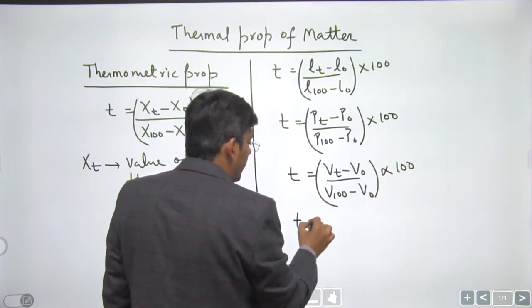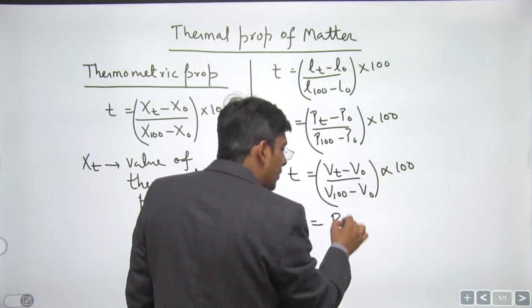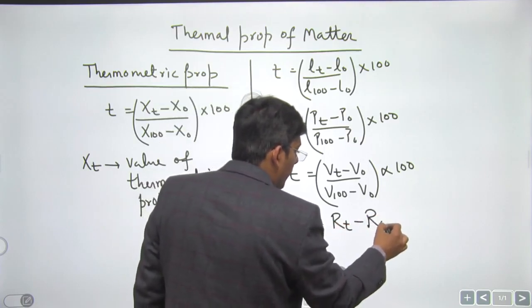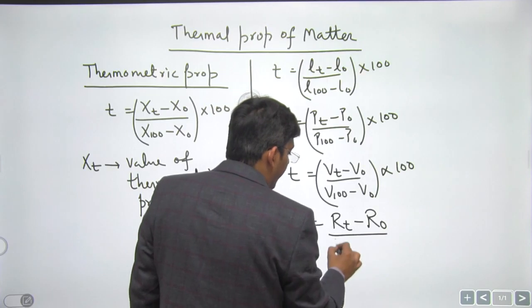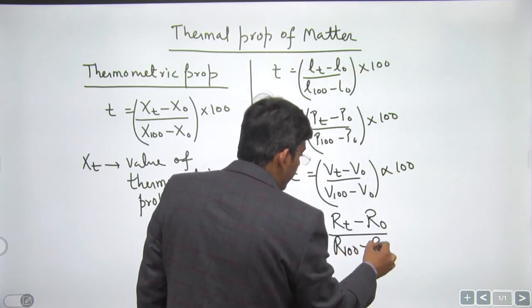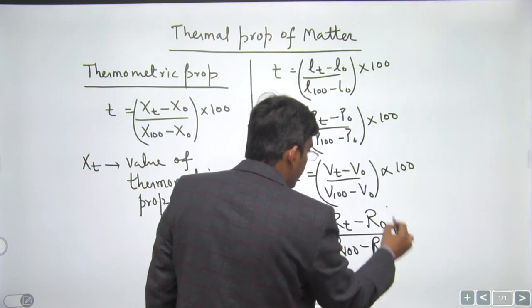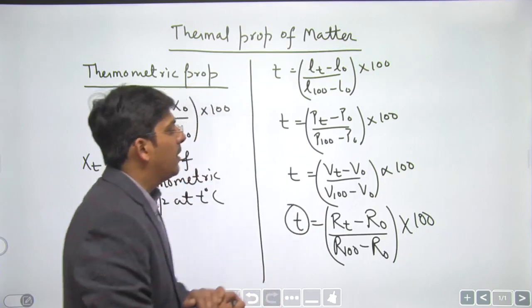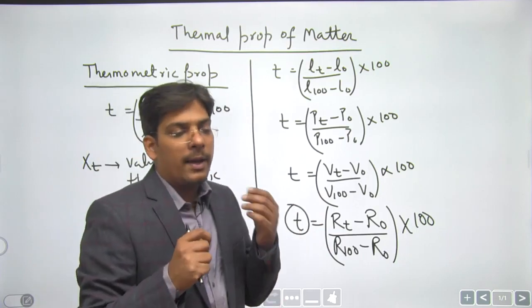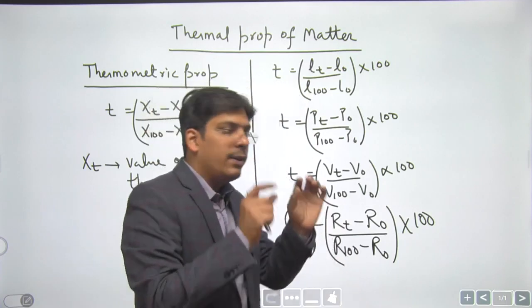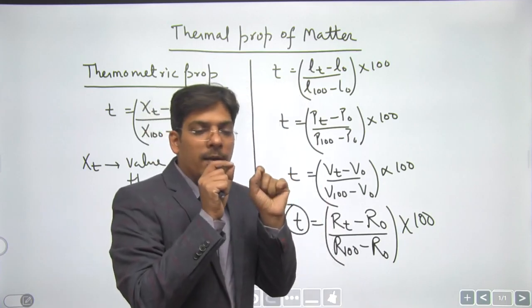Resistance of a platinum resistance thermometer. Resistance of the platinum wire at T degrees Celsius minus resistance of platinum wire at 0 degrees Celsius divided by resistance of platinum wire at 100 degrees Celsius minus resistance of platinum wire at 0 degrees Celsius into 100. This gives the value of T degrees Celsius. Suppose you have a platinum wire, an ammeter, voltmeter connected to it, battery connected to it, and you dip that wire into an ice bath.